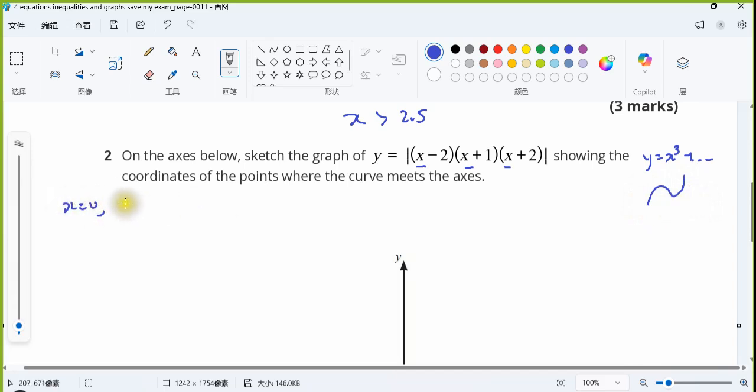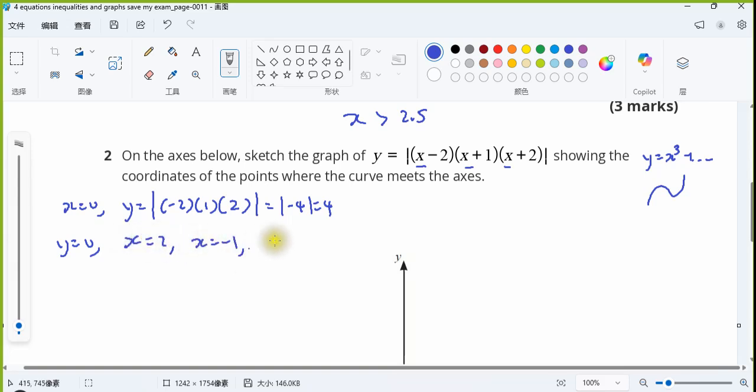When x equals 0, y equals the modulus of negative 2 times 1 times 2, so it's modulus of negative 4, which is 4. If we don't have modulus, then it will be negative 4. And when y equals 0, we have x equal to 2, x equal to negative 1, and x equal to negative 2.